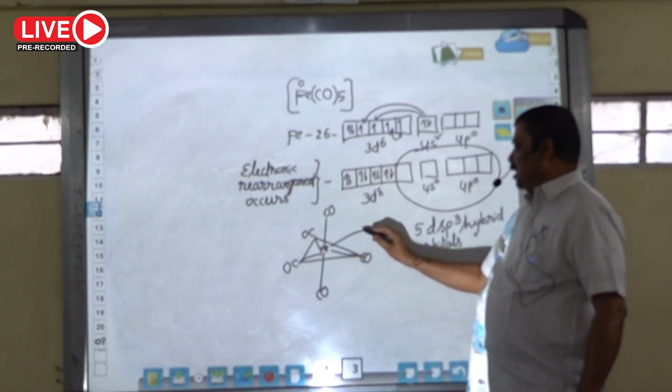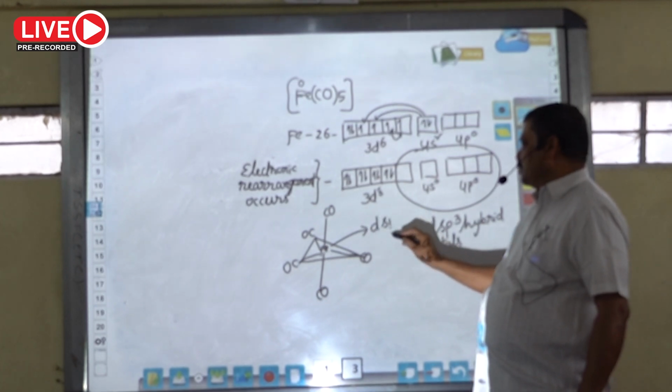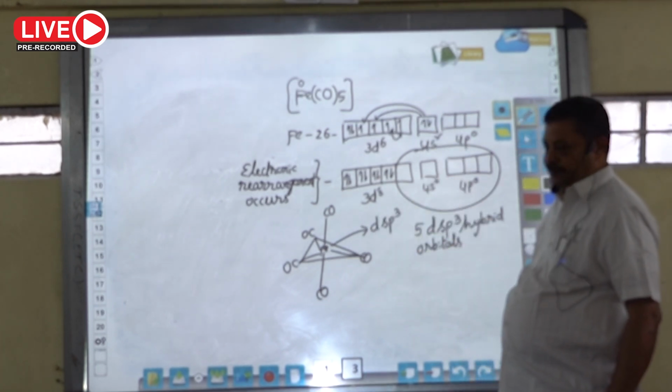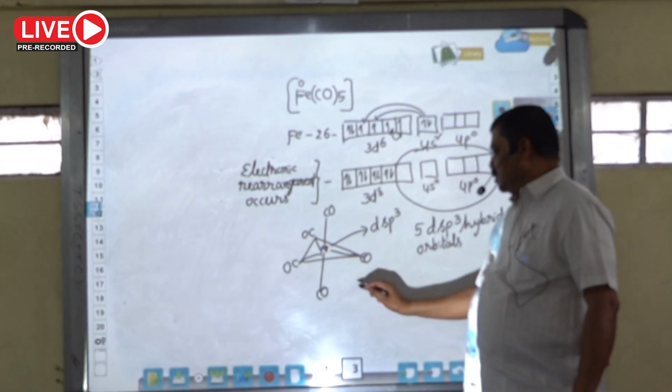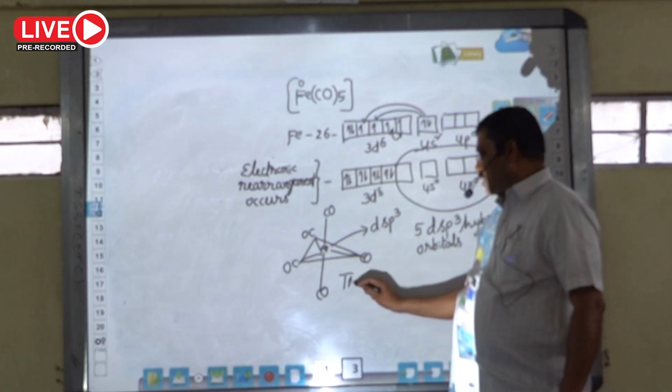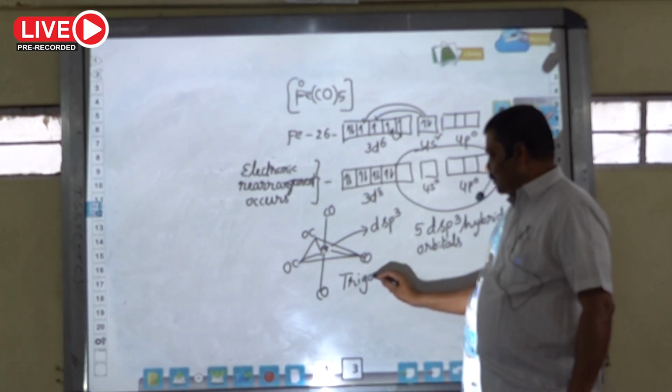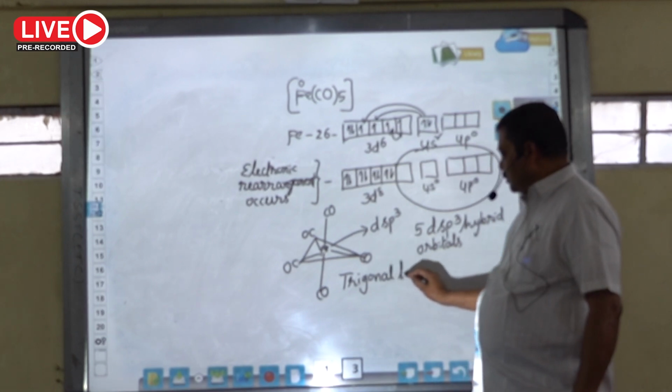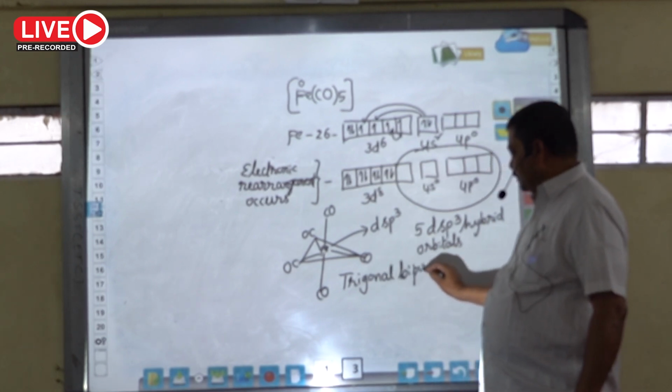So central atom iron: dsp3, trigonal bipyramidal.